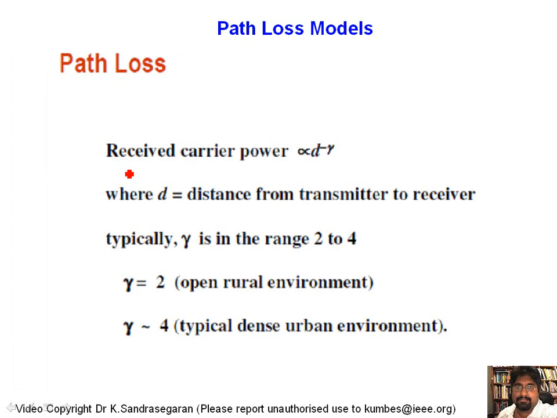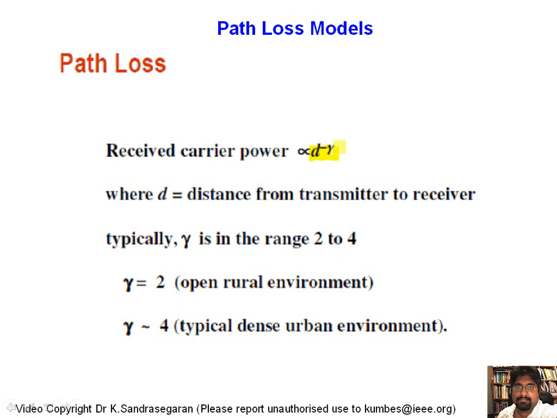So in general, the path loss model is a model that is used to represent the variation of received power as a function of distance, and is given by this mathematical expression here.